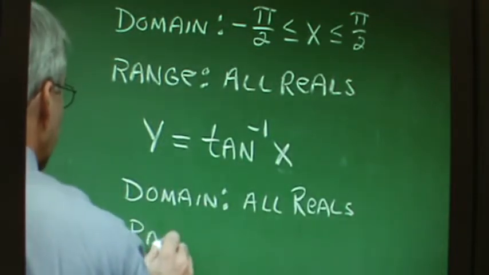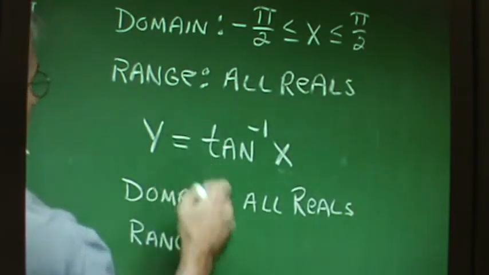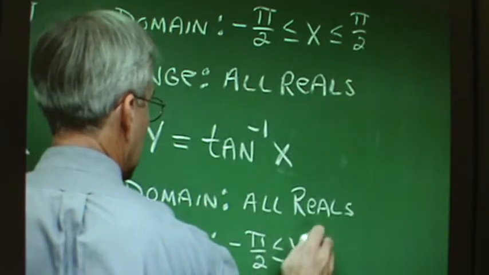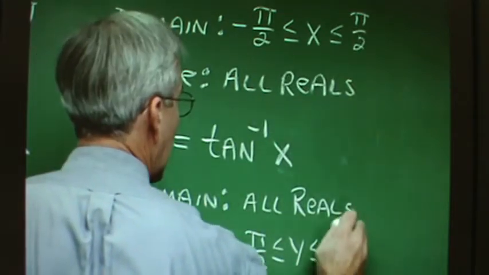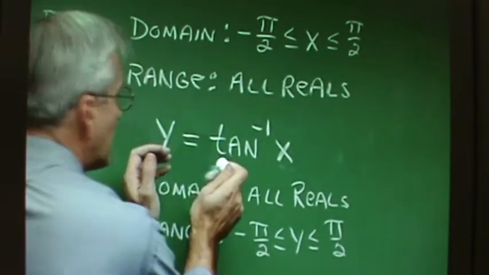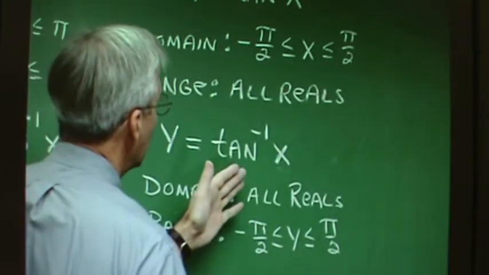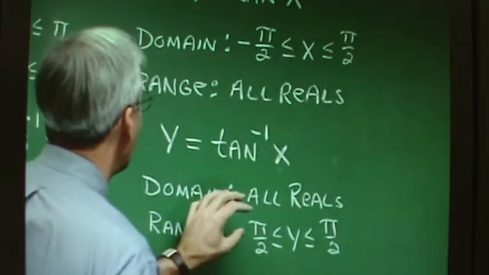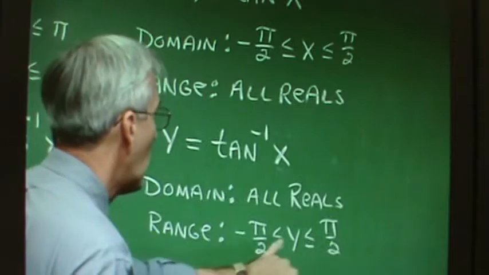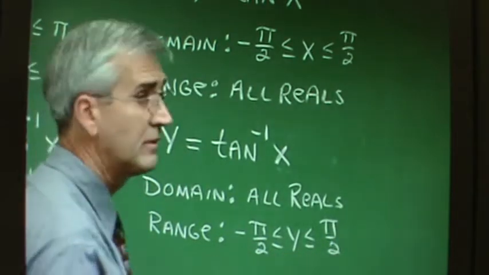And the range corresponds with the domain upstairs here, so it's -pi/2 to pi/2. And that means, as it did before, that when we take the inverse tangent of some value, we're going to get an angle or a real number that appears in either the fourth quadrant or the first quadrant. And if it's in the fourth quadrant, it'll be expressed as a negative value.